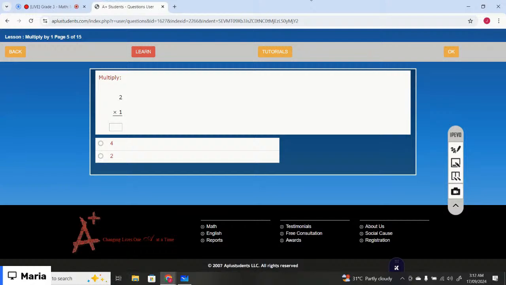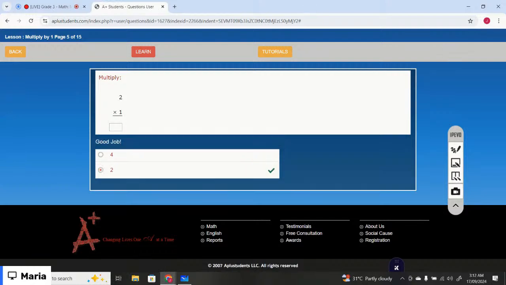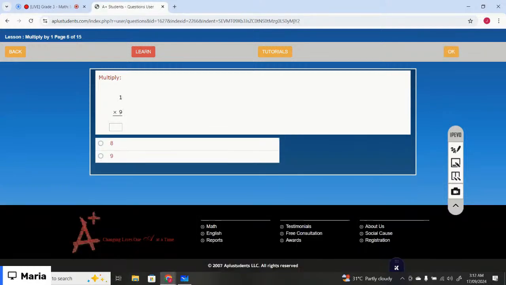1 times 2 is, yes, 2 it is. The correct option is 2. 1 times 9 it is.